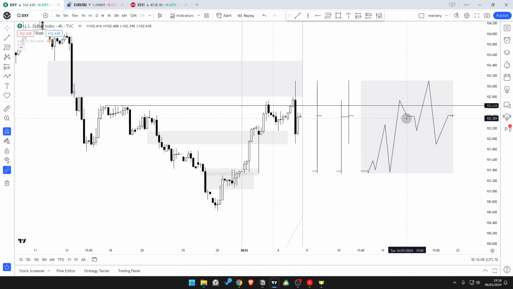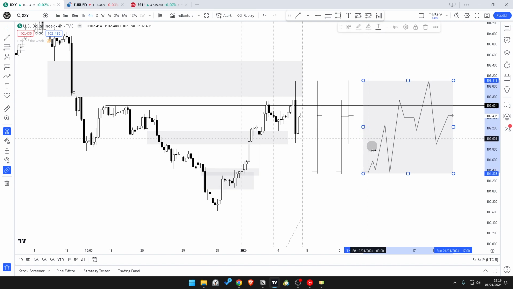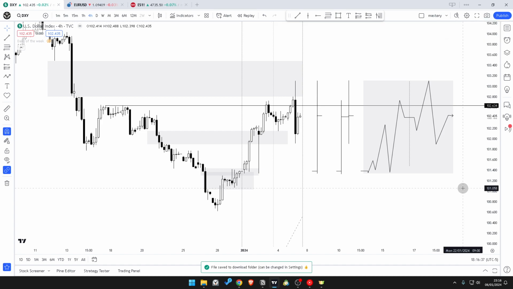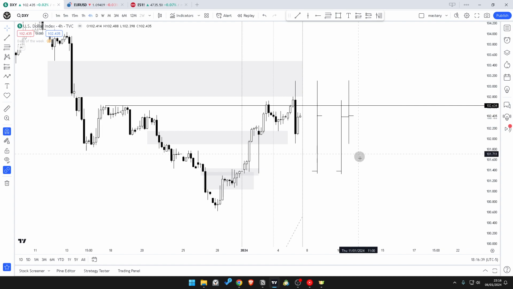Just like that, and this would be half of the candlestick, and this is basically our price interacting on the weekly candlestick. So I'm going to go now to the 1 hour and not lower.